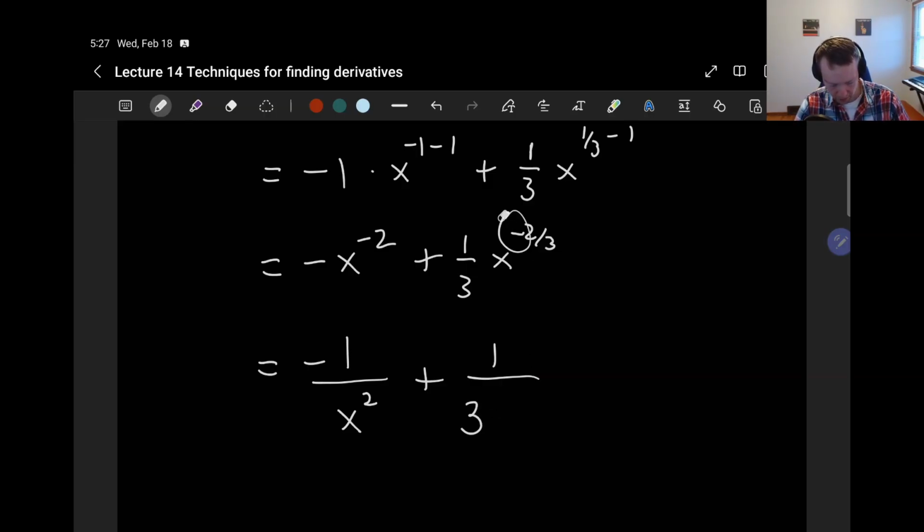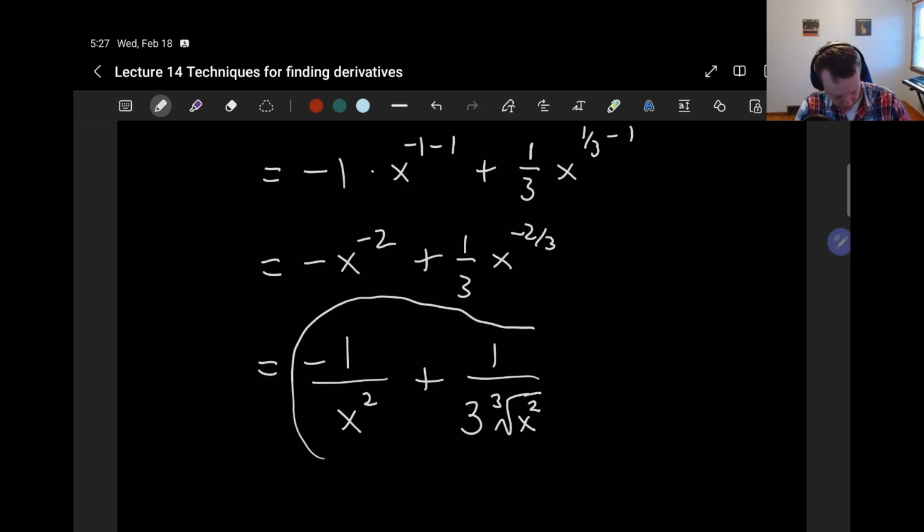And we have a negative exponent here as well, so that can be a positive exponent if it's moved down to the denominator. Now x to the 2/3 down here, I'm going to choose to rewrite. A couple ways we could do this, but I'll write it as the cube root of x squared. That's one way you could write that.